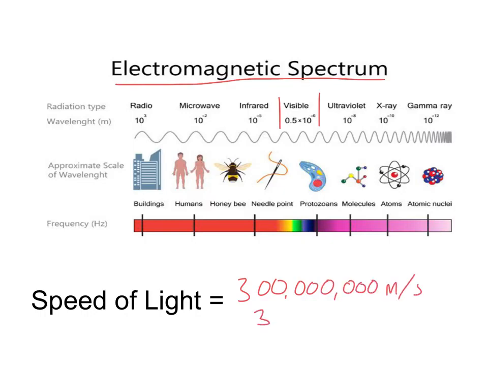You might see something like this, 3 times 10 to the 8th meters per second. All of them travel at the same speed. And one thing that you can remember is that if the speed stays the same, our frequency and our wavelength are inversely related to each other, as long as we keep that speed constant.